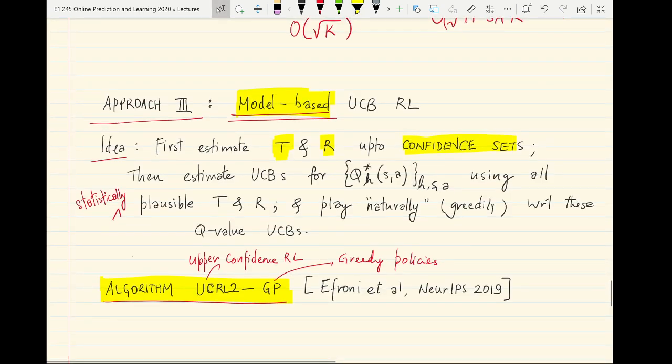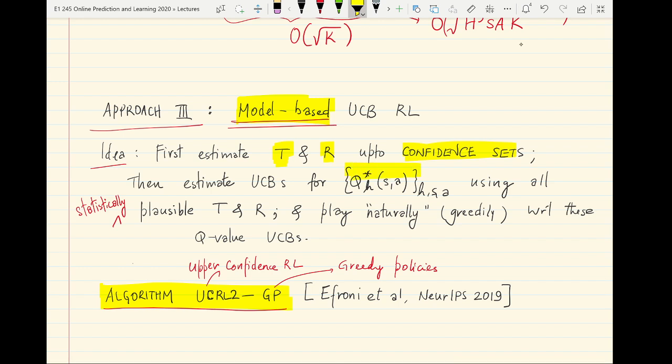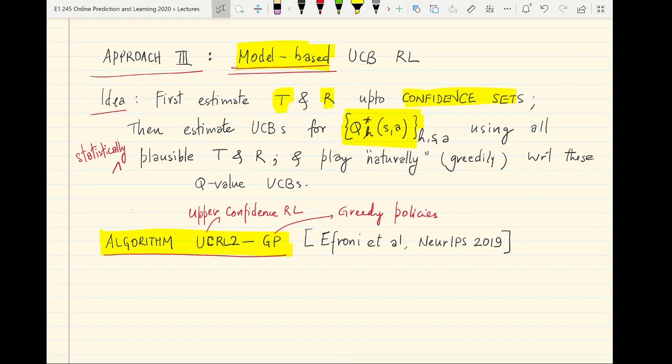So finally, we ultimately do build upper confidence bounds for the Q values, but this is done implicitly by first building an entire family of plausible T and R functions depending on the data that has been seen, and then generating upper confidence bounds for the Q stars, which will be used to play in a greedy way, just like the optimal policy would do.